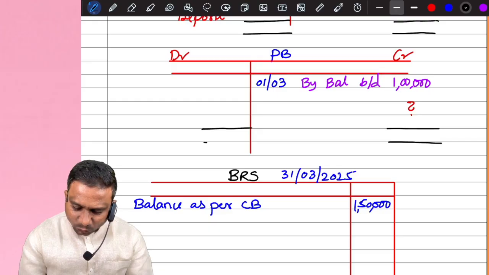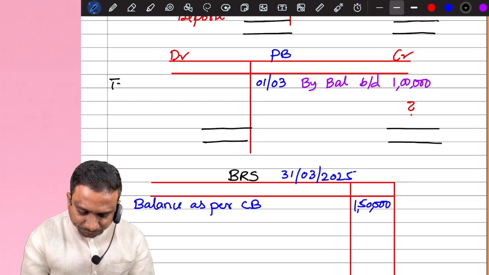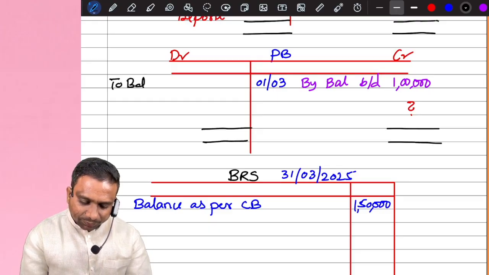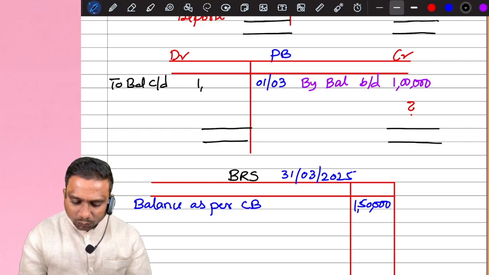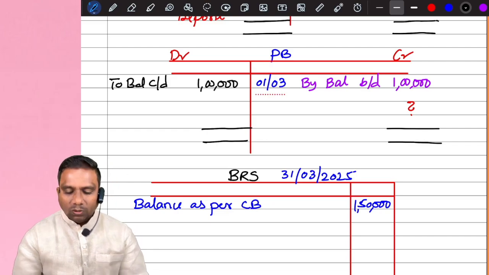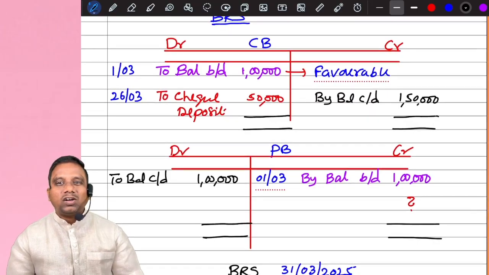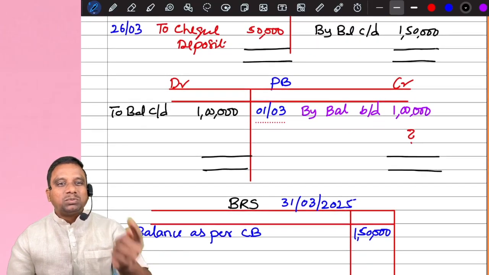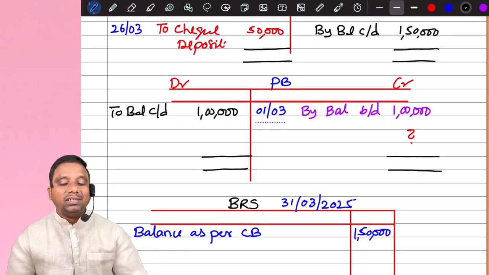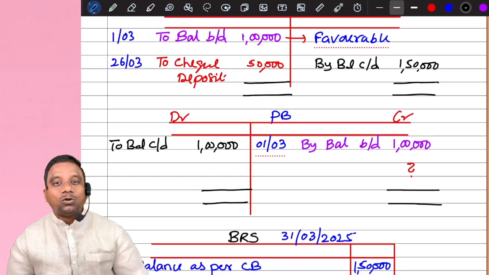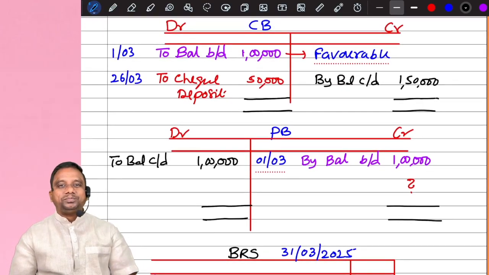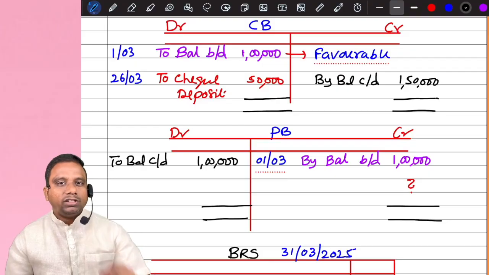The balance is 1 lakh, to balance carried down 1 lakh. But observe, the cash book is showing a 1.5 lakh favorable balance, whereas the passbook is showing a 1 lakh favorable balance. There is a difference of 50,000 rupees.